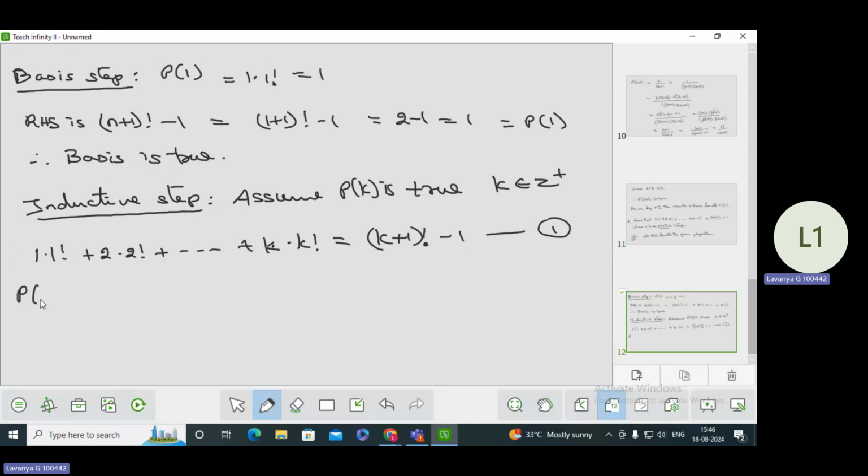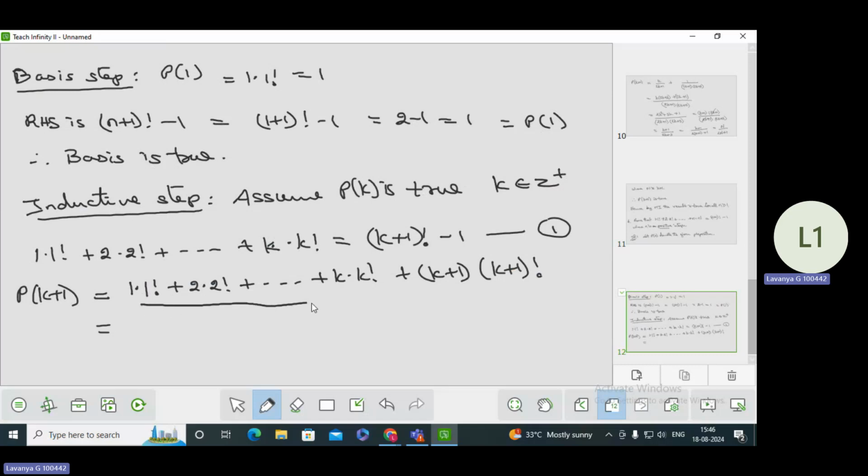I have to find out my P of k + 1 and verify the result. My P of k + 1 is 1 into 1 factorial, 2 into 2 factorial, etc., k into k factorial, plus one more term, (k + 1) into (k + 1) factorial. Now what I will do, I will club the first k terms and replace it with equation 1. So it is (k + 1) factorial minus 1 plus (k + 1) into (k + 1) factorial.